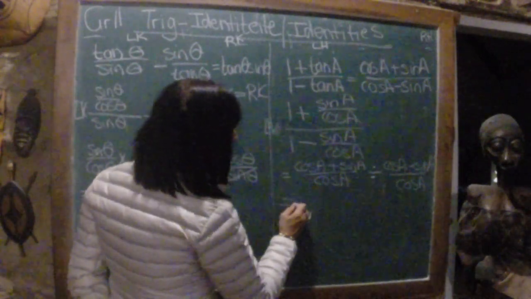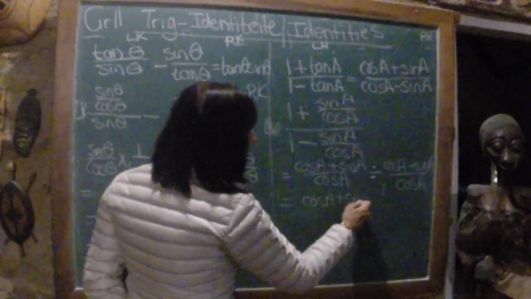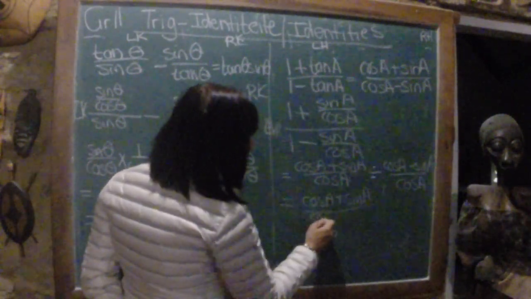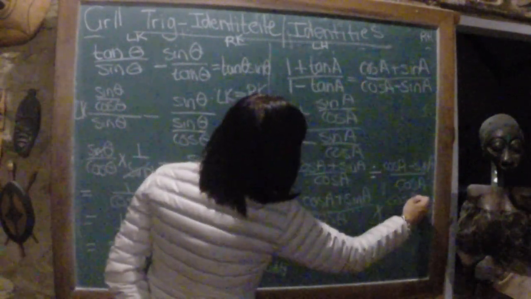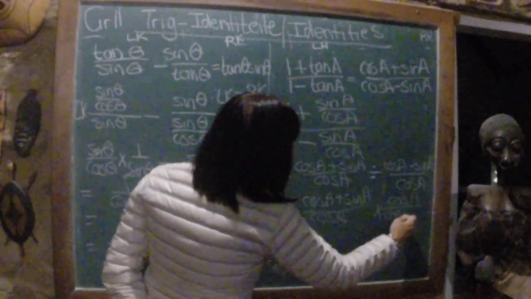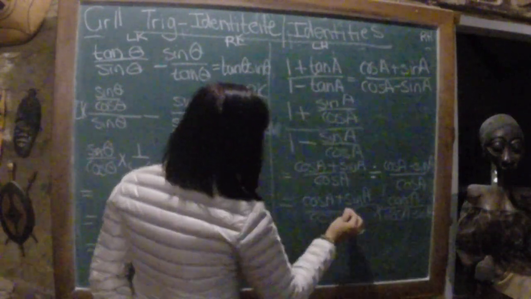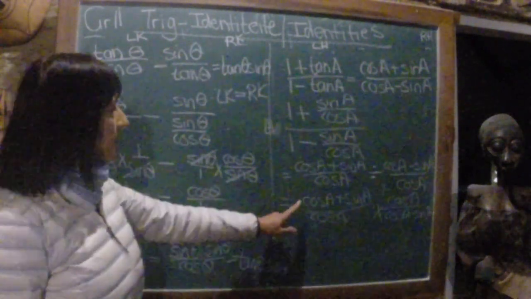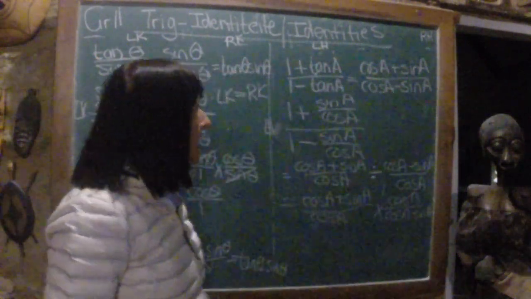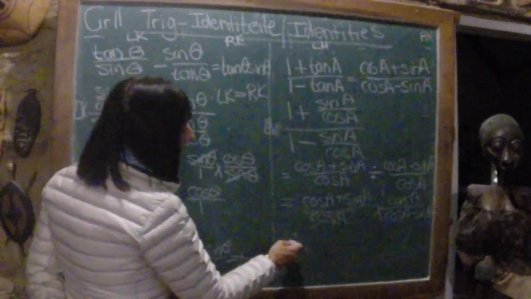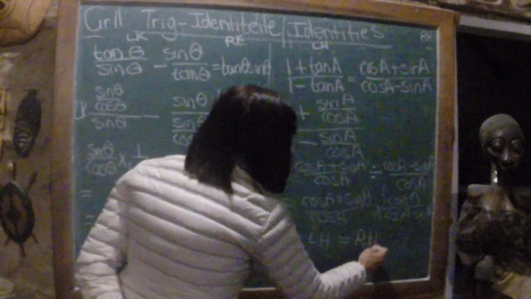Now I'm going to multiply with the reciprocal, cos A plus sin A op cos A. En ek gaan maal met die omgekeerde cos A op cos A minus sin A. And now the cosinus cancels and my final answer, cos A plus sin A on cos A minus sin A. The right hand side. Therefore, the left hand side equals the right hand side.